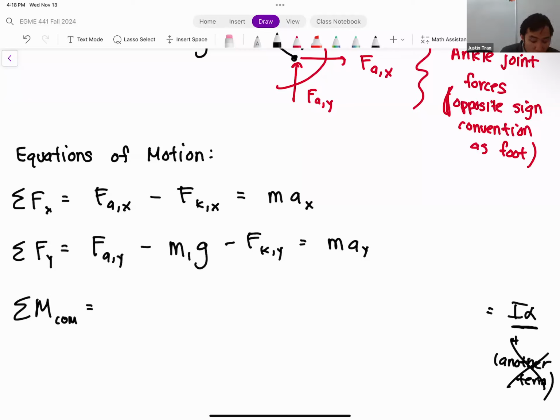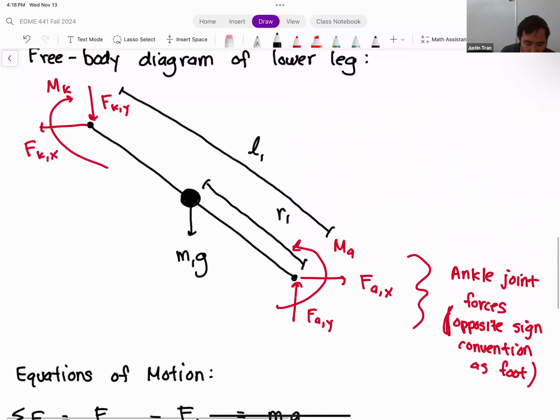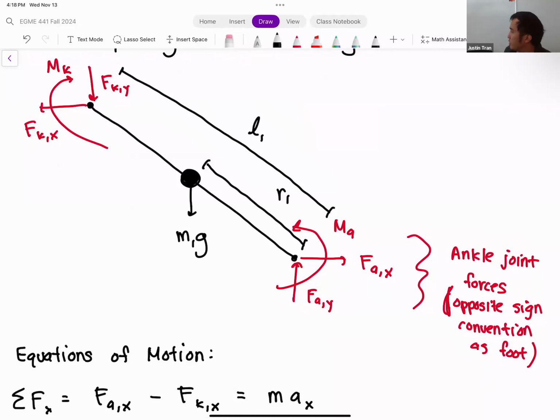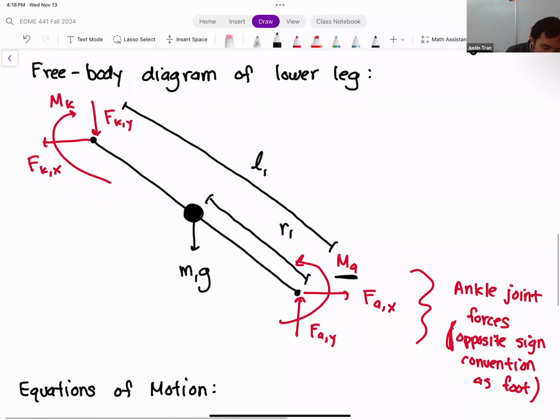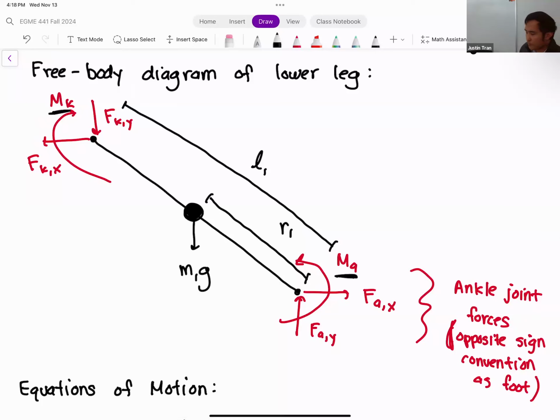Okay. Now, unfortunately, that does mean that we have quite a few contributions to the moment equation, right? Basically, any force that's acting on a line that's not going through the center of mass is going to contribute to the moment, as well as these point moments here. Okay, so MA and MK, right? But if you look at all the forces in this free body diagram, FAX, FAY, neither of those vectors are going to pass through the center of mass, right?